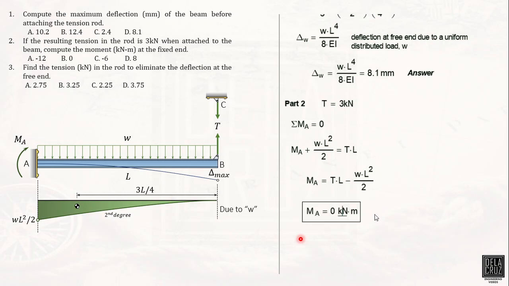Gawin daw nating newtons. I think 0 talaga siya because may 0 sa choices natin, no? Okay, so that is the answer. Equal lang yung maidudulot niyang moment, either T and the W. Okay? Sige. That is the answer. 0 yung moment niya pag tension natin is 3 kilonewtons.